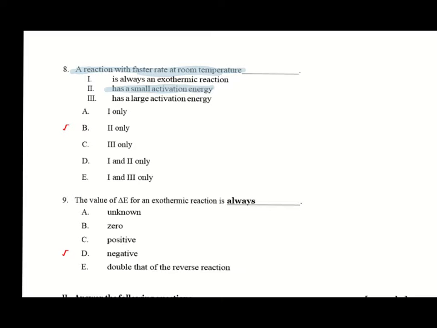Okay, we just know that if the reaction happens at room temperature, the activation energy should be very small. Next, the value of delta H for an exothermic reaction is always negative. Yes, that's true.